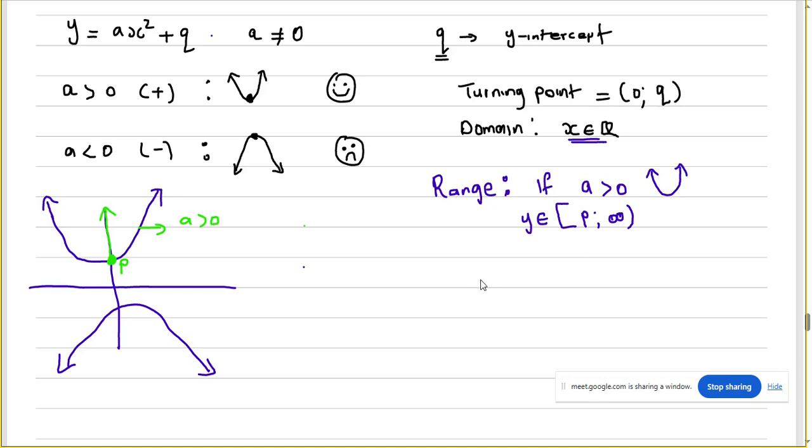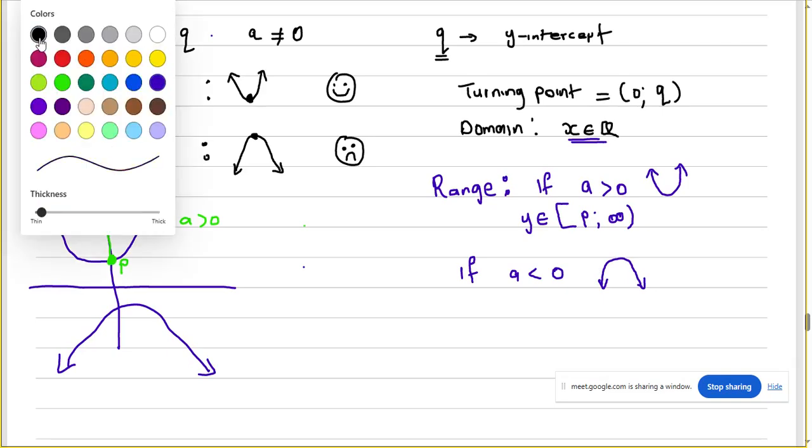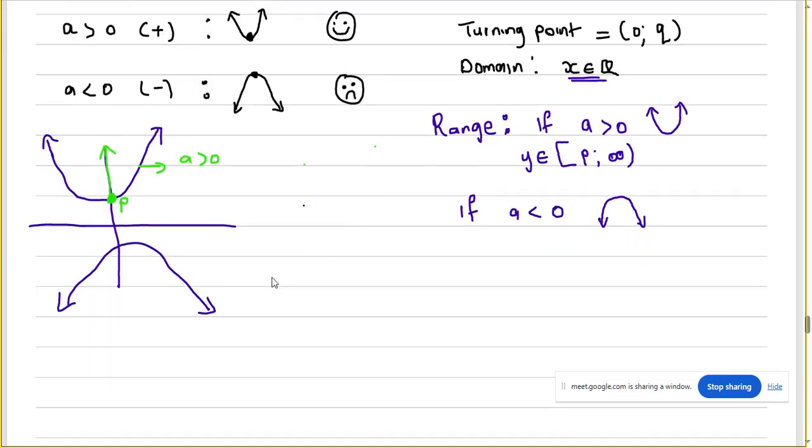Another thing, if the value of a is less than 0, your graph is concave down, which is this part. So it's from this point going down.